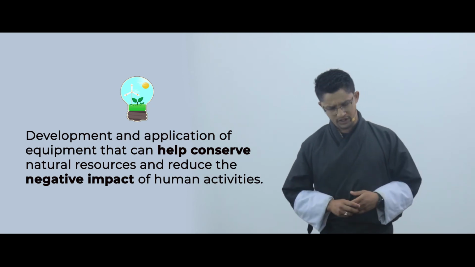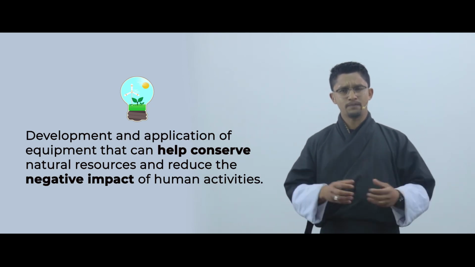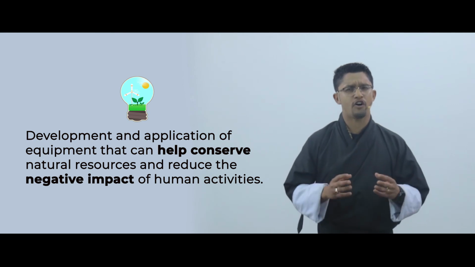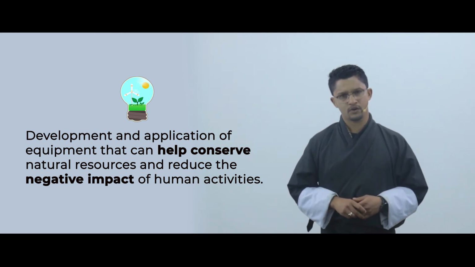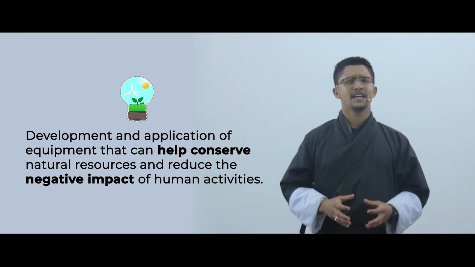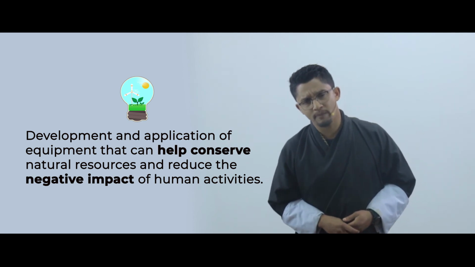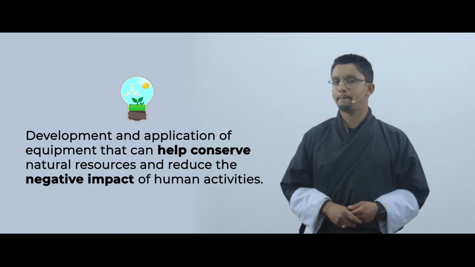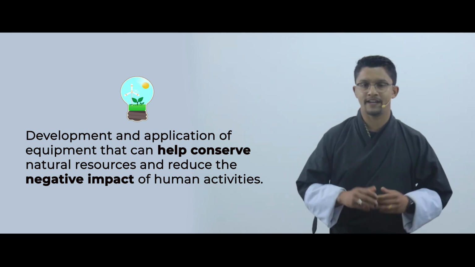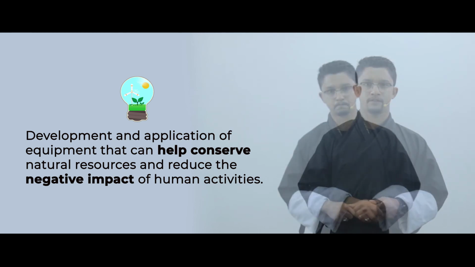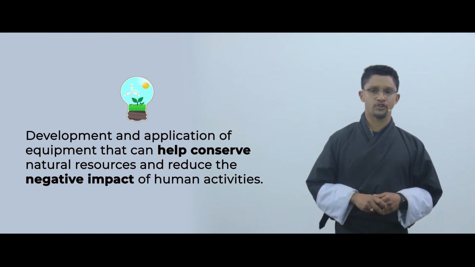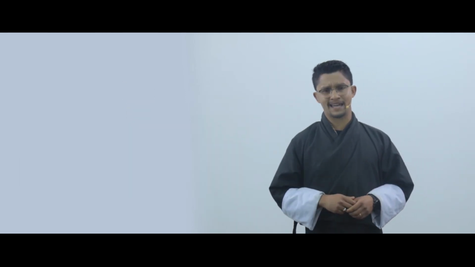Green technology is the development and application of equipment which can help in conserving natural resources and also minimize the impact of human activity on the environment. So to understand green technologies, let us look at two examples.